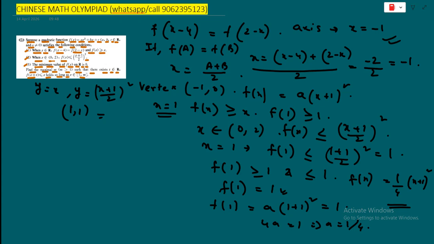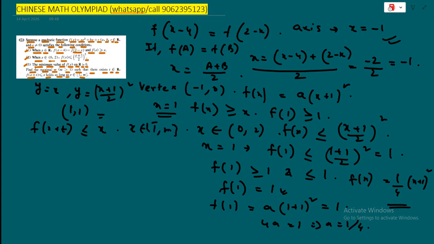Okay. Now the final thing, we need to find a translation t such that f of (x plus t) is less than or equal to x for the widest possible range, x belongs to [1, m].